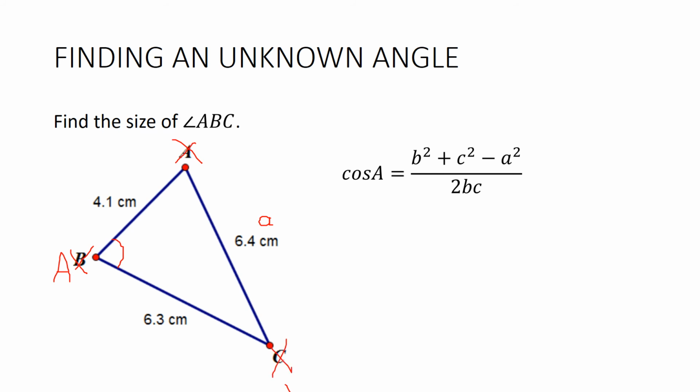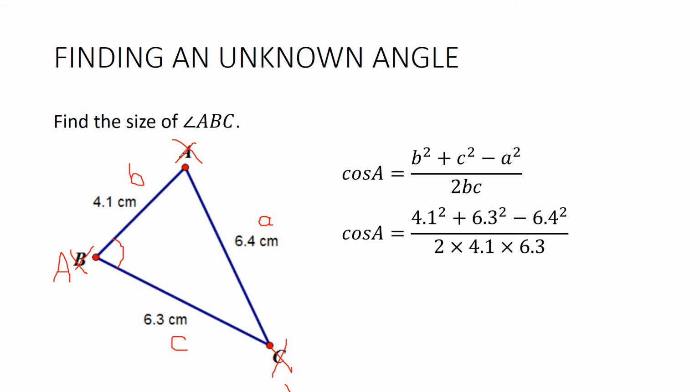So I'm just going to make them B and C in either order. Okay, so substituting it in, 4.1 squared plus 6.3 squared minus 6.4 squared all over 2 times 4.1 times 6.3 gives us 0.3008.